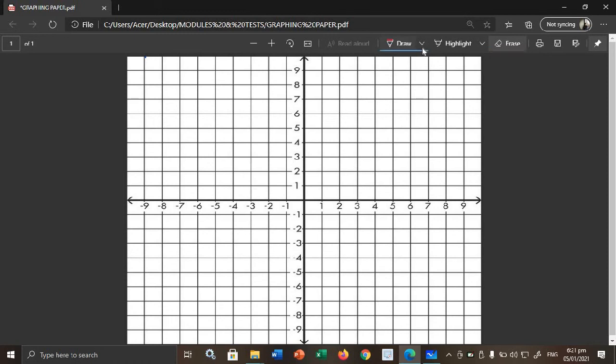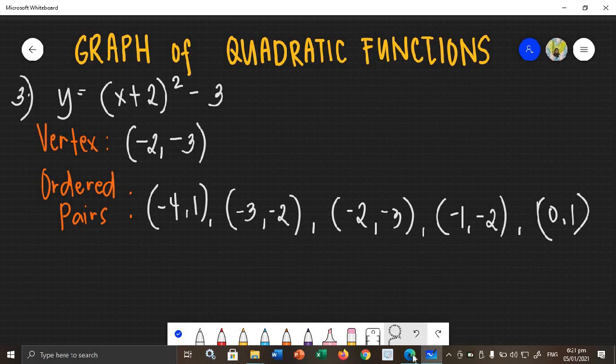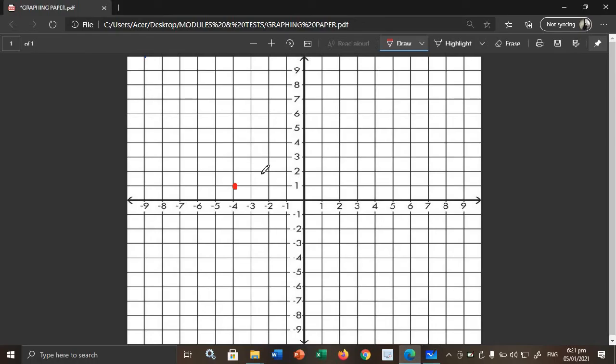So the first one is -4 and 1. Tama ba? Yes, -4 and 1. So that is the plot of that ordered pair. And then the next one is -3 and -2.